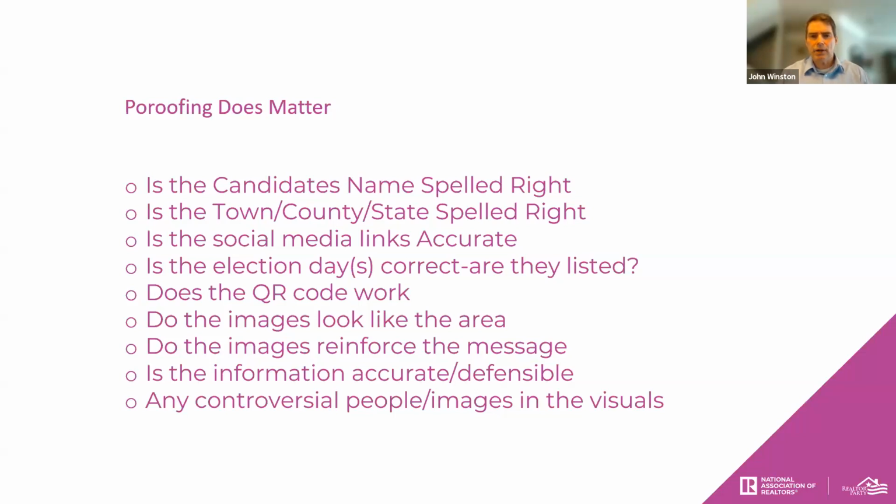First, are the candidate or candidates' names spelled right? I have sent mail pieces out, and I will be honest, where there were errors in the text, but as long as you had the name right. Is the town, county, state spelled right?